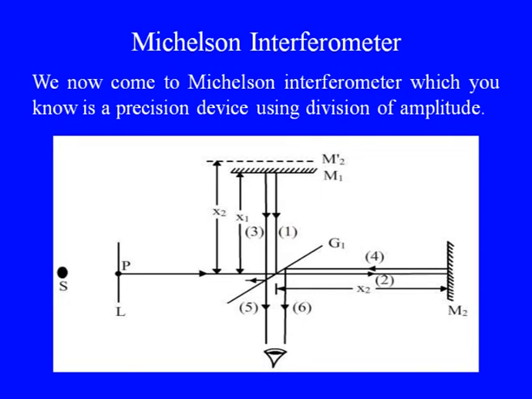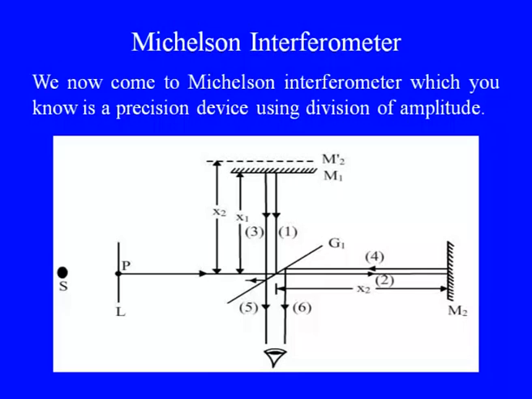You see, these mirrors are front polished mirrors. One thing you will observe here, we can think of an image of the mirror M2 formed in the splitting plate, M2 prime, which is here, at the same distance x2.